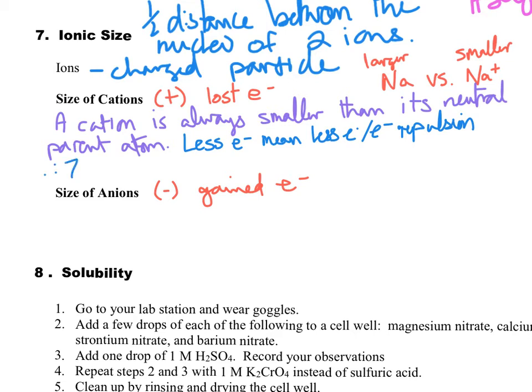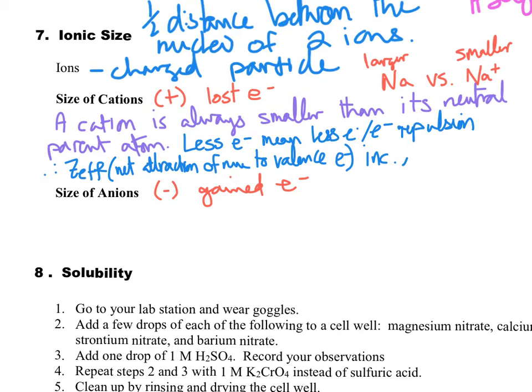Therefore, your Zeff, or the net attraction of the nucleus to the valence electrons, increases, and so electrons are held tighter and size decreases.